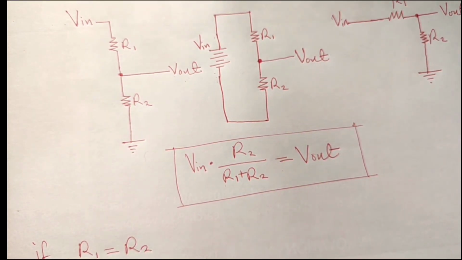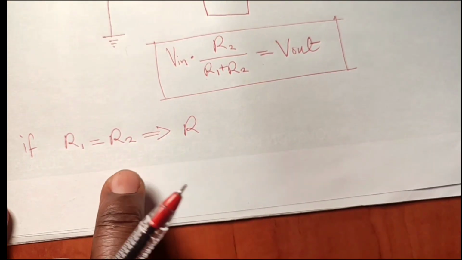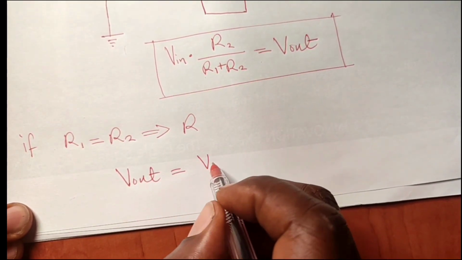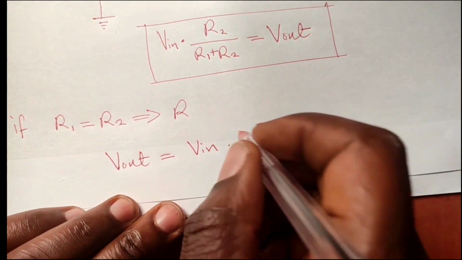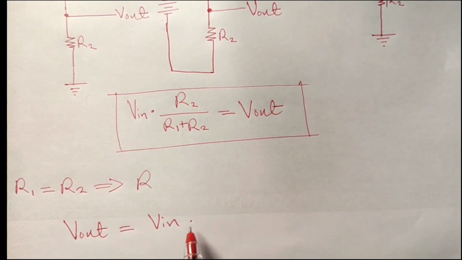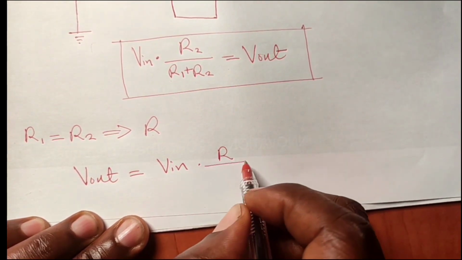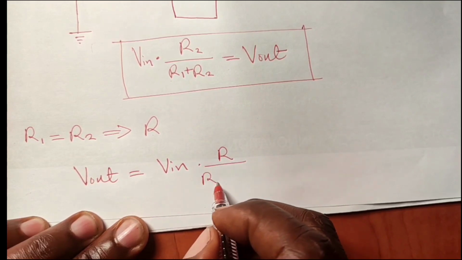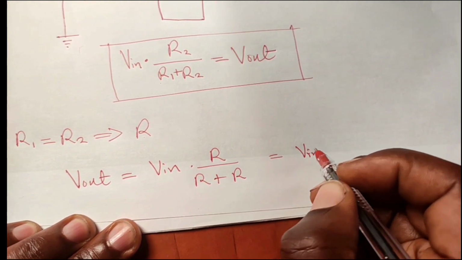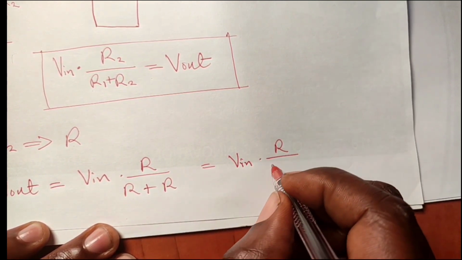If R1 equals R2, let's just call it R. In this condition, V out equals V in multiplied by R2, which is the same thing as R, all over R1 plus R2, which is R plus R. So V out equals V in multiplied by R over R plus R, which is 2R.